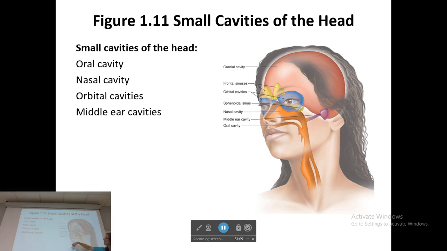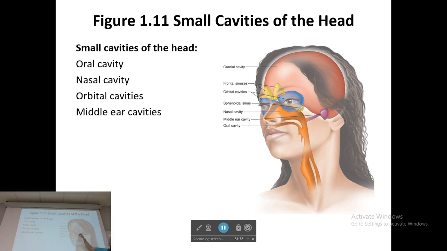You have the frontal sinuses. You have the orbital cavities, orbits where your eyes are. Okay, so the eye sockets are the orbital cavities. You have the sphenoidal sinuses. So that's back, like behind your nose. And you feel like a deeper pressure back there from a sinus infection.